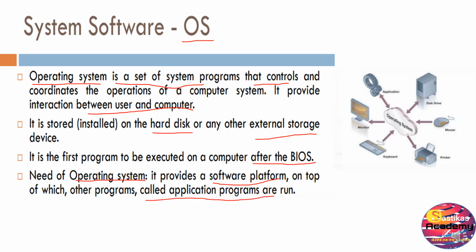So when you are opening MS Office, PowerPoint, spreadsheet, database, these are application programs. Before opening that, the operating system needs to provide a platform, a ready state to run these application software.